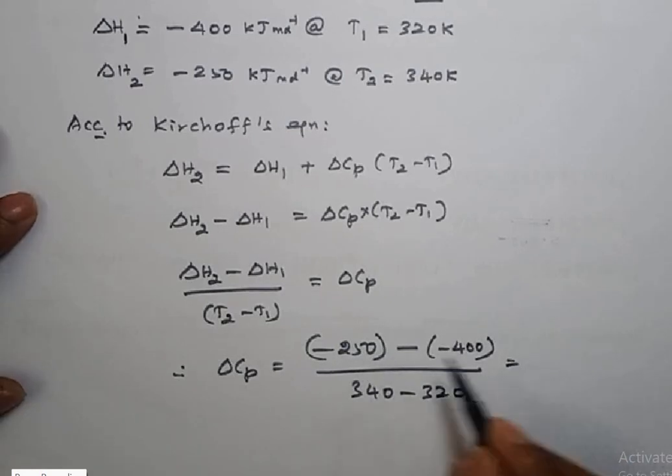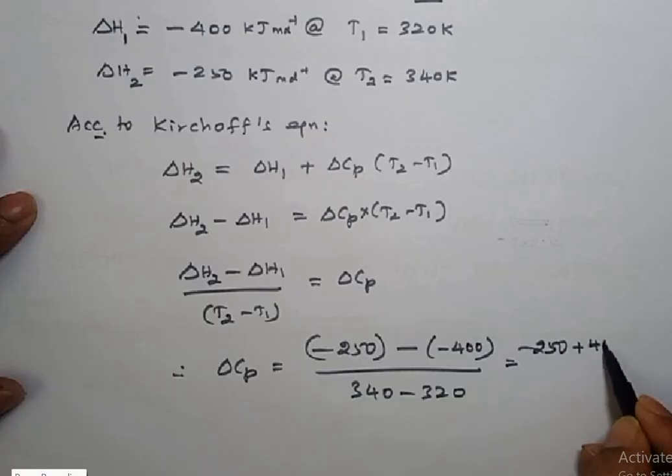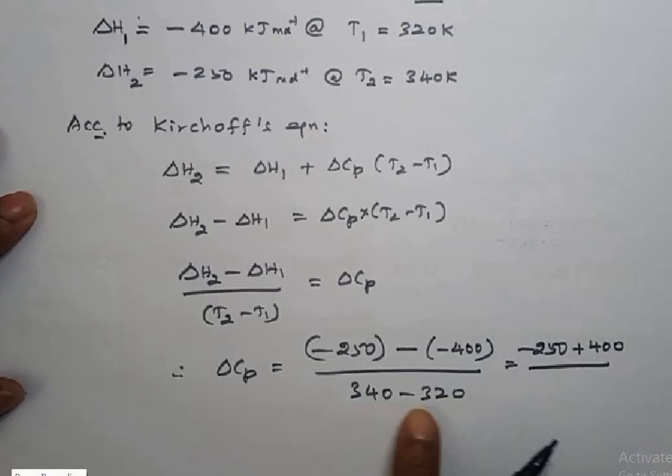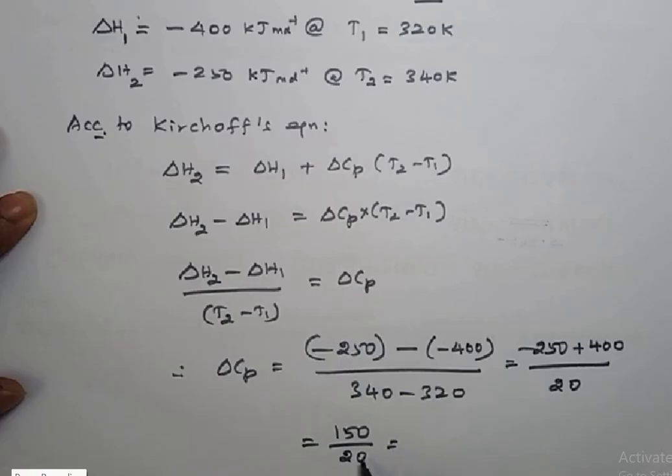So you keep this minus 250 as such, and this is plus 400. 340 minus 320 is 20. And here if you subtract, you will get plus 150. So 150 by 20, the zeros cancel, so 15 by 2, or we will get 7.5. This is the delta Cp of the reaction.